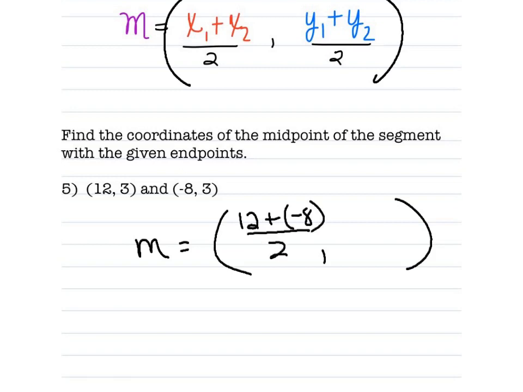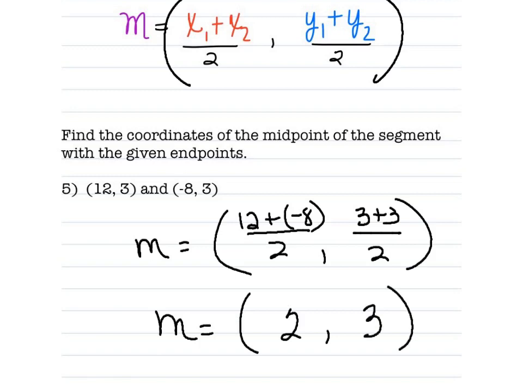And then we'll do the same with the y's. y1 plus y2, 3 plus 3, over 2. And let's simplify. 12 plus -8 is 4, divided by 2 is 2. And then 6 divided by 2 is 3. So my midpoint is (2, 3).